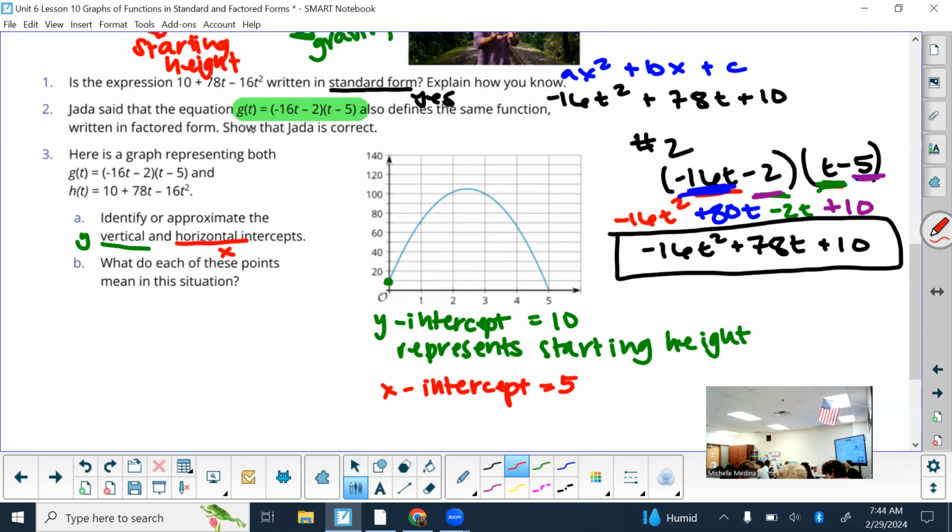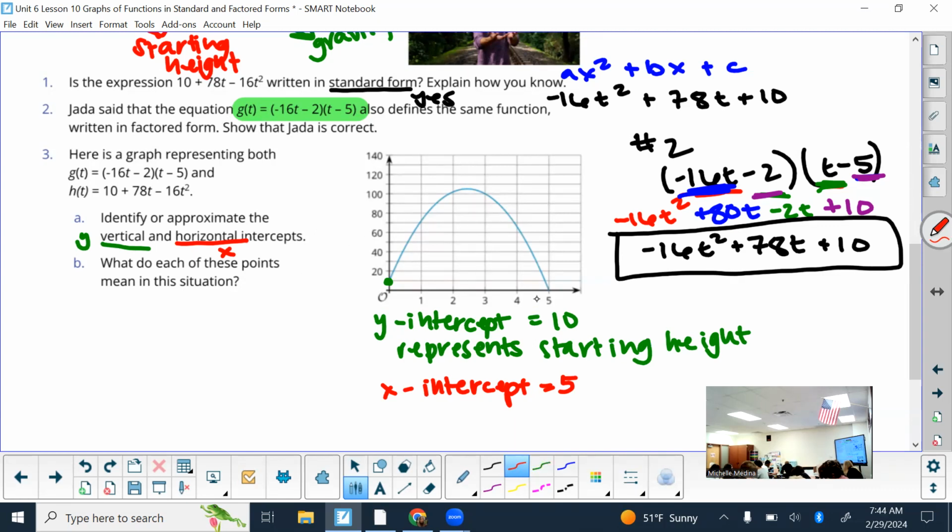Now, can I see that in my standard form equation class? Do I see a 5? Do I see a 5 in my factored form equation? Yeah. So yeah, it's a negative 5.